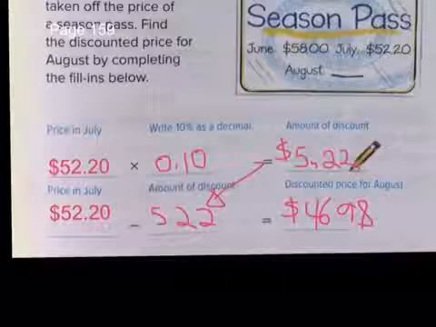Continuing on, number 2. For question 2, they want us to multiply 0.9 times 52.20. How does the result compare to your answer in 1? So here instead of multiplying by 10%, we're going to multiply by 90% times 52.20. How does it differ? Well, let's try it.